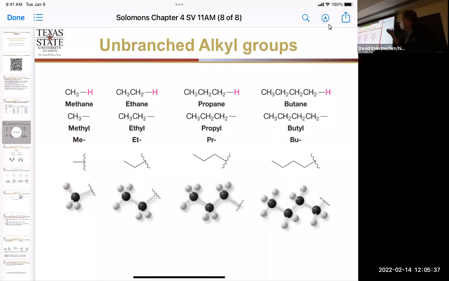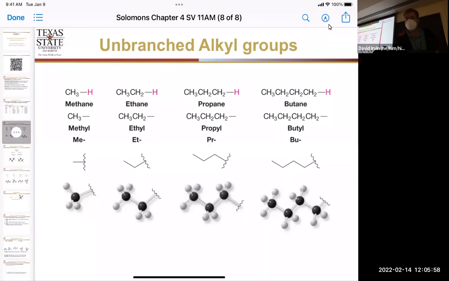So in the case of meth, we're no longer methane, but we now have the methyl group, and so it'd be a methyl substituent. So you know there's exactly 1 carbon branching off from that main chain, or the longest chain. And we do that for the other ones too.